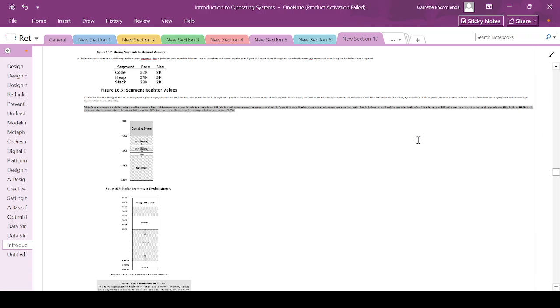So the hardware will do two things. It will add first to the 32,000, and then it will check if it's more than the size. So that's how it checks the base and bounds. Again, it still uses the basic principle of the base plus the virtual address. The base is 32 kilobytes and the virtual address is 100.